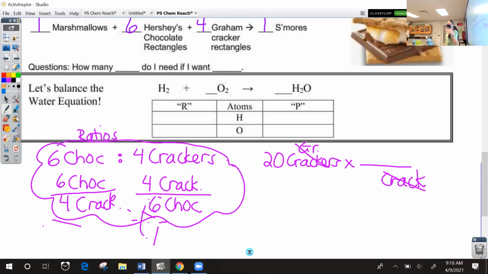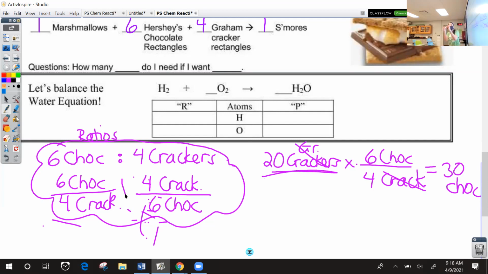So if I put graham crackers down here on the bottom, algebraically, my crackers will actually cancel out. To set up a ratio, I'm looking at the one that has crackers, which is 4 graham crackers to 6 pieces of chocolate. Now I can figure out 20 times 6, which is 120, divided by 4 is 30. That tells me how many pieces of chocolate I would need in order to use up all of my 20 graham crackers.